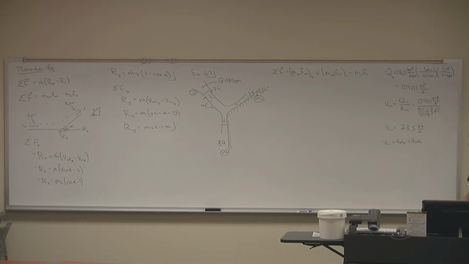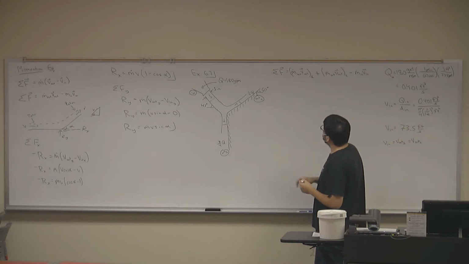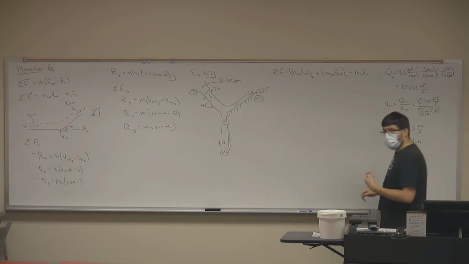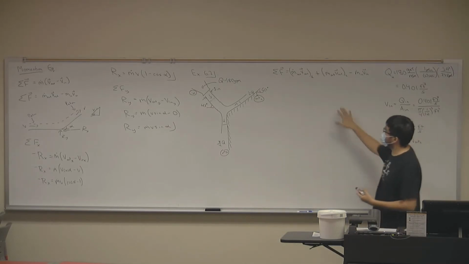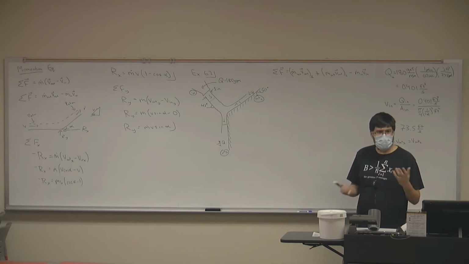So let's go ahead and calculate the sum of forces in the system, in this control volume. We know that we typically don't like to deal with vector notation here, so we're going to split this vector up into its rectangular components of the x and y directions, right? I think we're all familiar with how to do that.